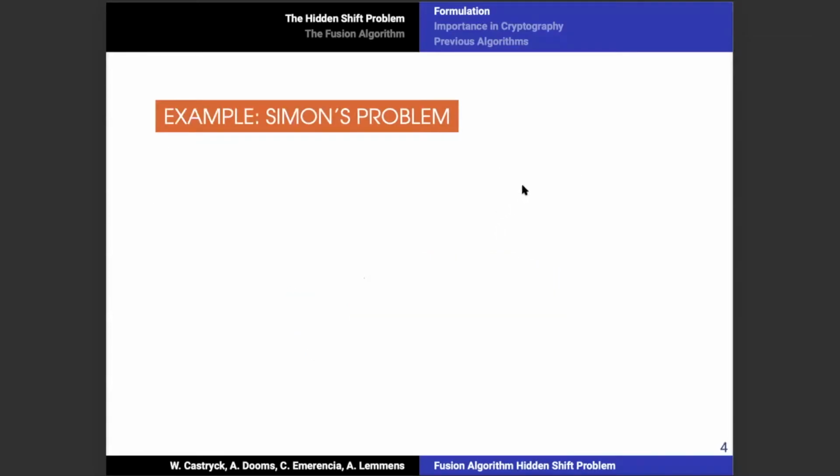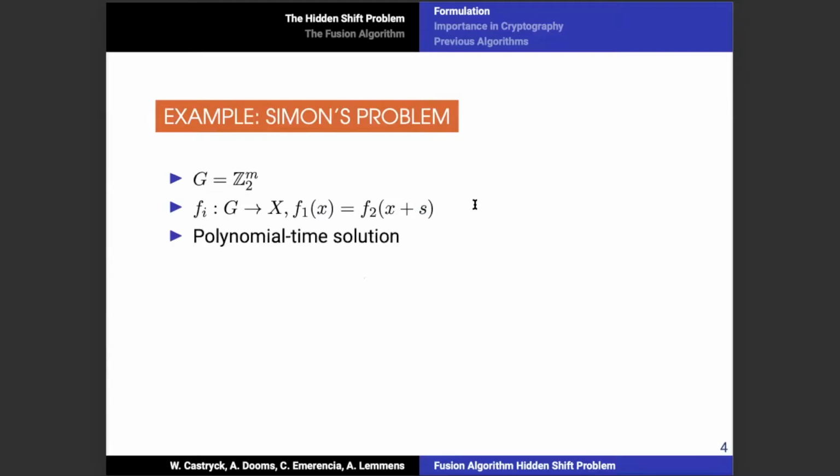So let's first give an example. Let's take the group G to be the direct product of m copies of the group Z modulo 2. And in this concrete setting, the hidden shift problem is called Simon's problem. So basically, the elements X and S are then vectors in an m-dimensional vector space over the field with two elements.